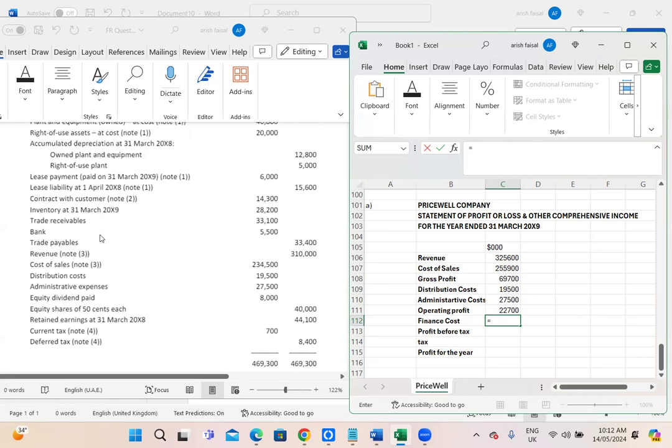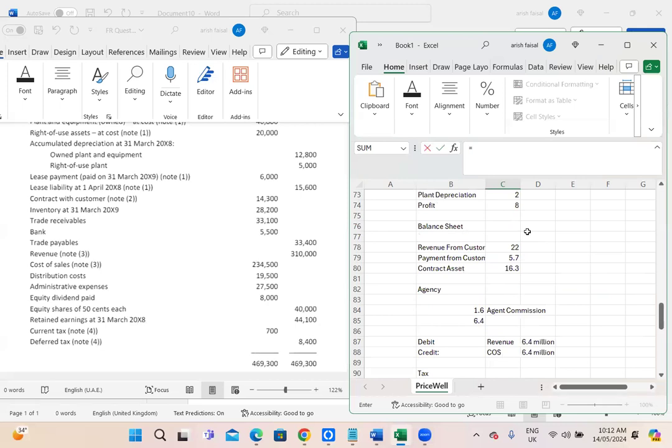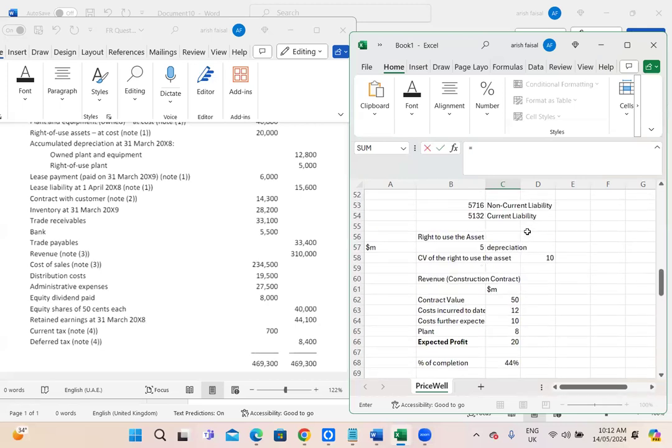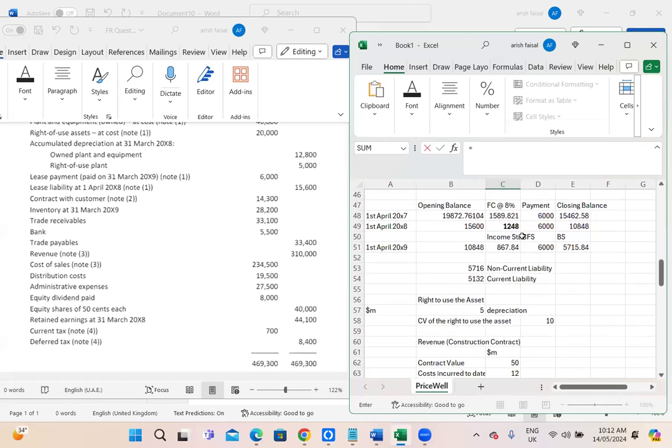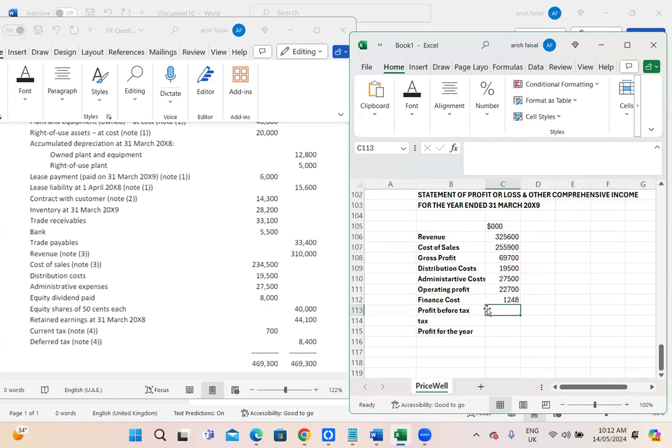As far as the finance cost is concerned, do we have anything? It's just the lease liability what we have. We don't have any other loans. So for the finance cost, we have to refer to this, which is 1248. So that's the finance cost. Profit before tax would be this minus 1248. So you get 21452.